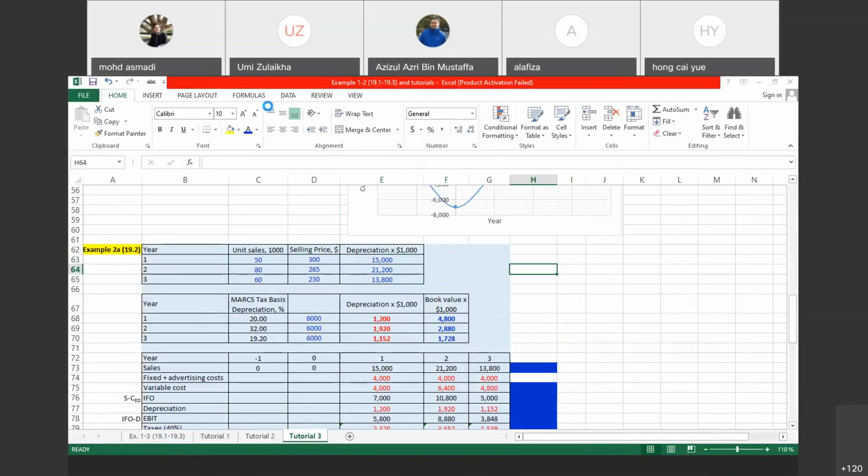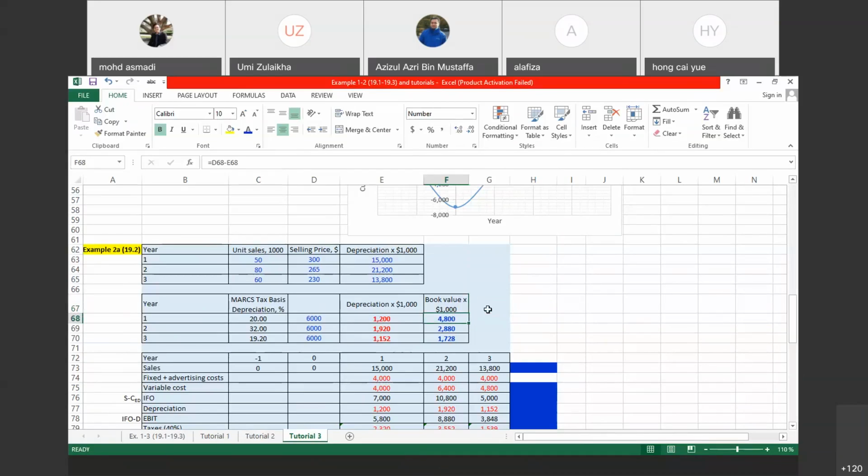How can we calculate the book value at year 2 and 3? You have to calculate the book value for year 1, 2 and 3. If you still remember the definition of book value, please refer back to the previous slide. Book value is the original price minus the total depreciation.